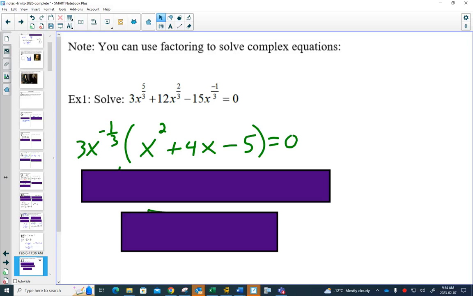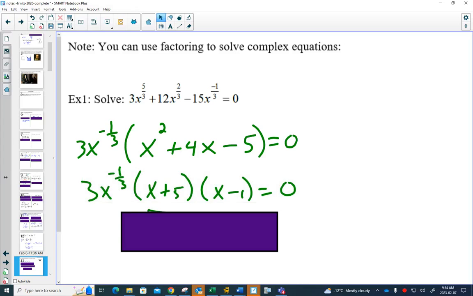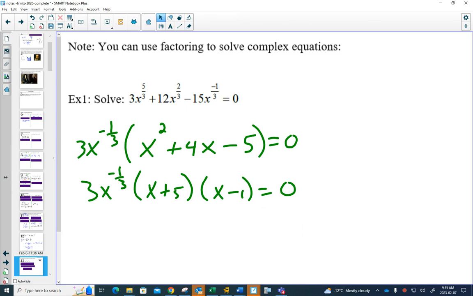This factors even further now. Let's see if this works. I should erase it behind there. We have no idea what the answer is. Now, factoring changes it to being multiplied.